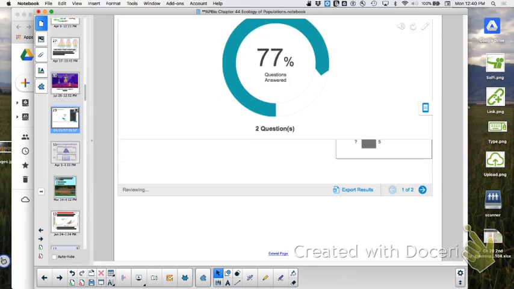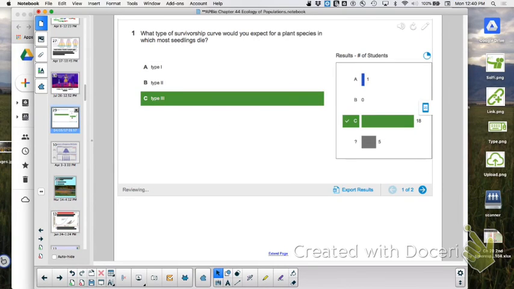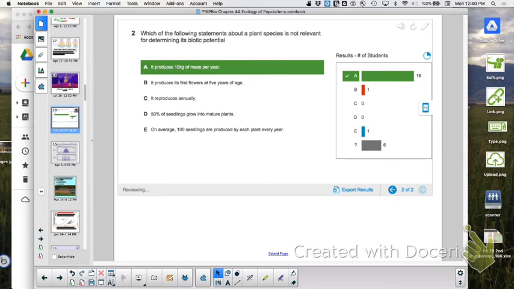Type 3, plant species. The big operative word here is most seedlings die. Okay, so that would be type 3. Yeah, we did this one in class. Okay, review, do your practice problems. Okay, you're super smart. It's not an elephant.